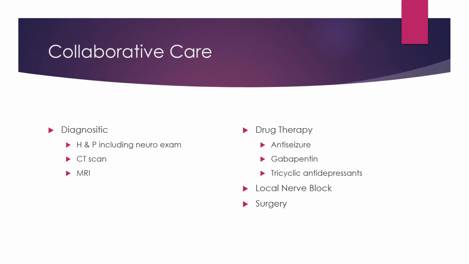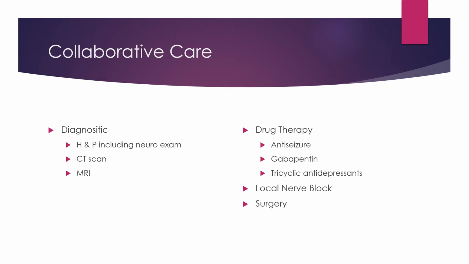For collaborative care of trigeminal neuralgia, we want to start by taking a history and physical, and that includes a full neurological exam. We can also do a CT scan and an MRI to rule out other causes of pain, such as infection of the sinuses, possible cancer or tumor lesions that are causing changes with the nerve, and even multiple sclerosis.